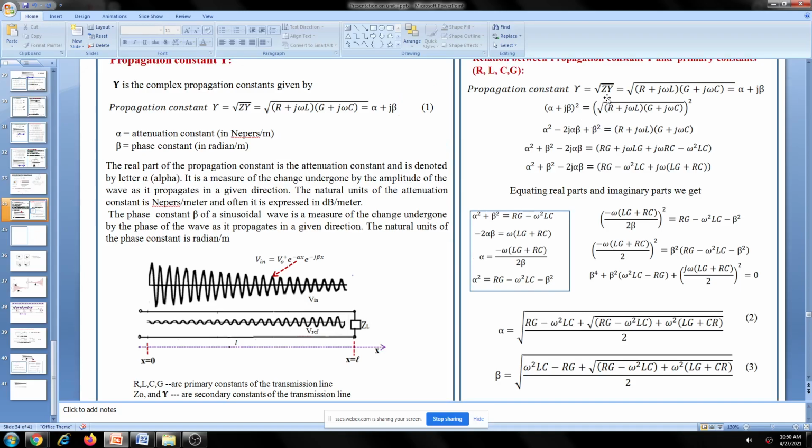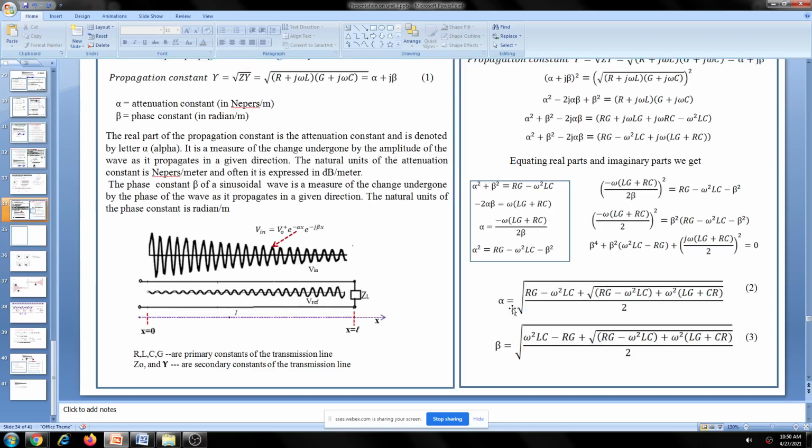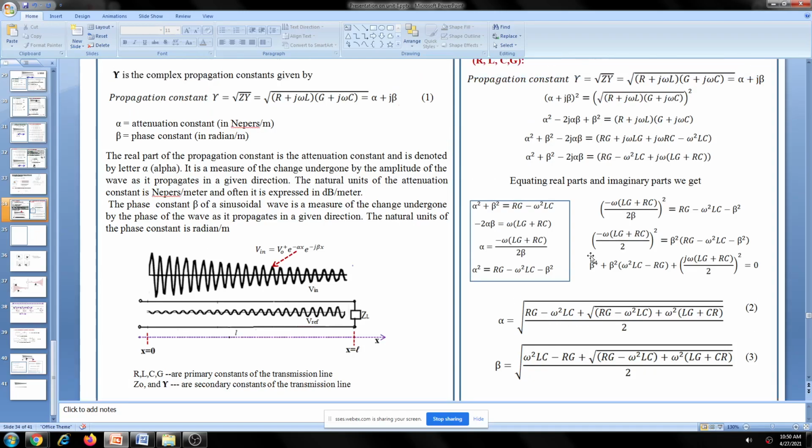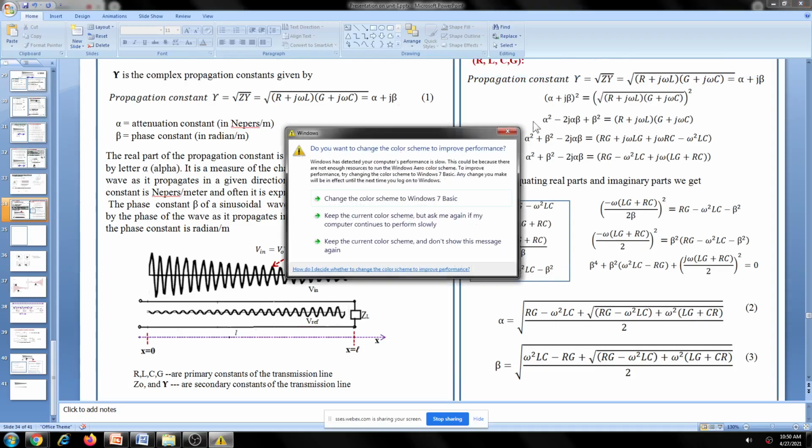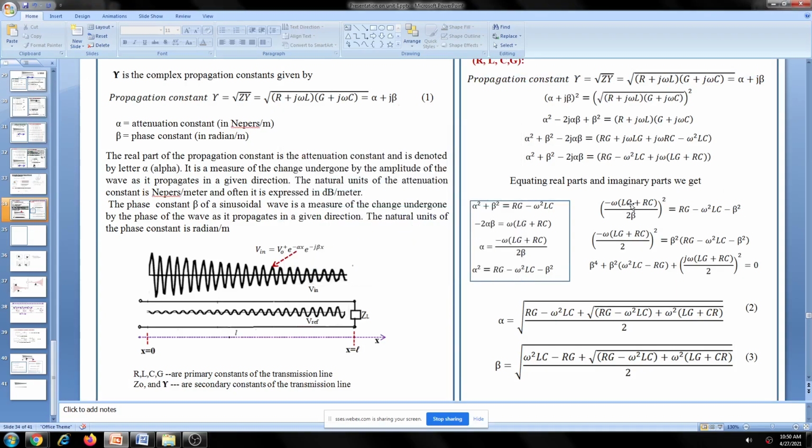So what we did was start from gamma, the square root of ZY, take the multiplication, and do some mathematical manipulations. Finally we separated the alpha and beta. So this is alpha and this is beta. You practice this, whatever I give you, and finally you will have this equation.